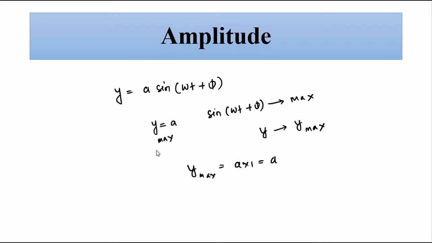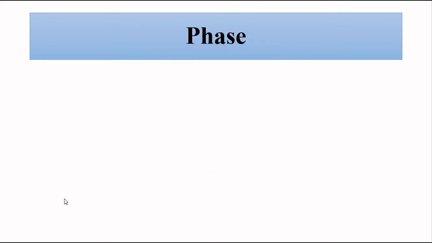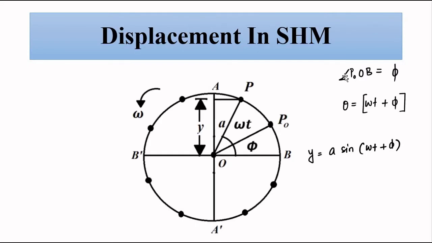Then after amplitude, the next important property is phase, or the phase angle. We have already discussed this, but to repeat, it relates to the initial position of the particle.